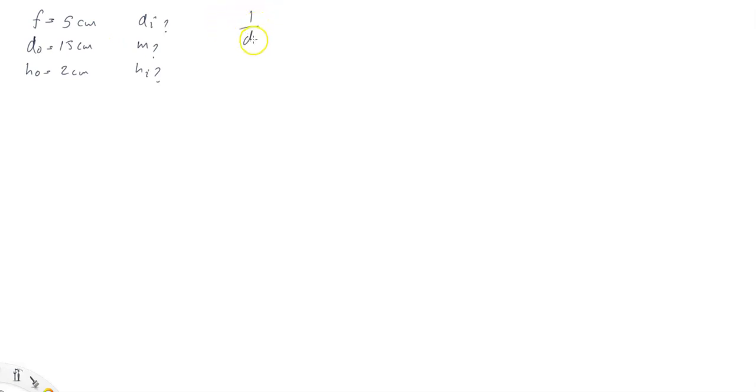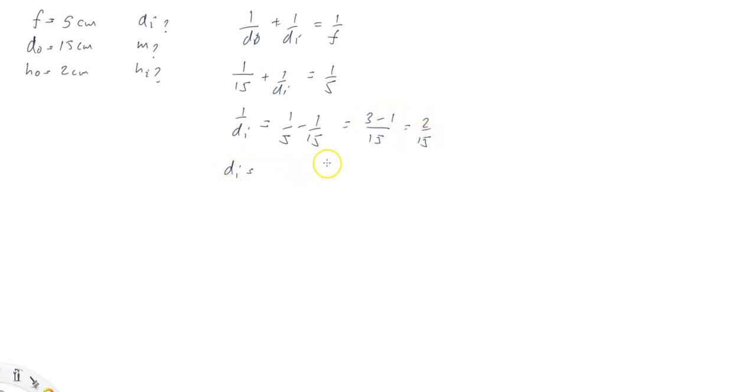So one over f: 1 over 15 plus 1 over di equals 1 over 5. 1 over di equals 1 over 5 minus 1 over 15, that's 3 minus 1, 2 over 15, di is positive 7.5 centimeters. It's positive.